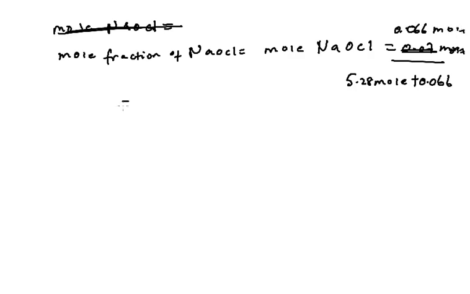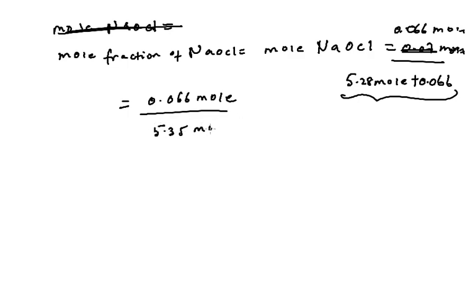So when we add 0.066 mole divided by 5.28 plus 0.066 mole, if you add these two here, you would get 5.35 mole. So mole and mole will be crossed out.